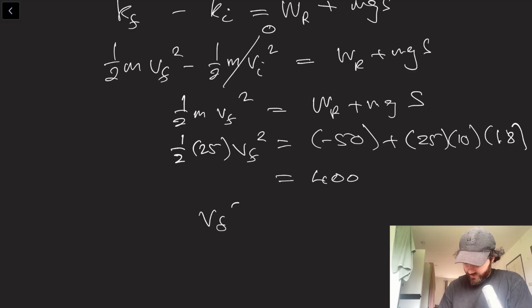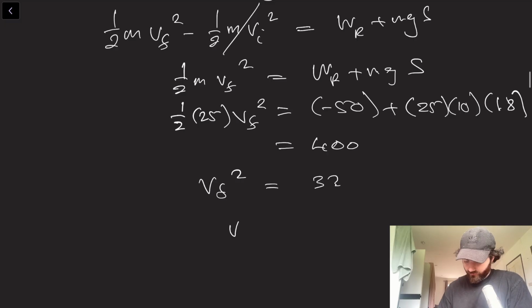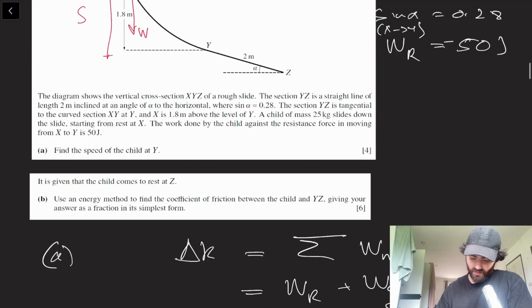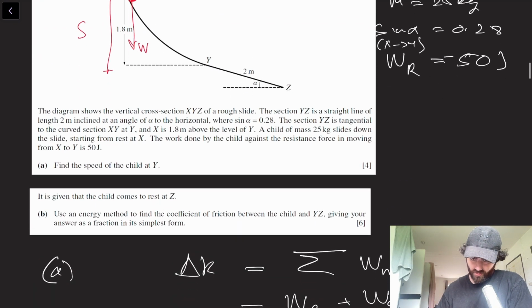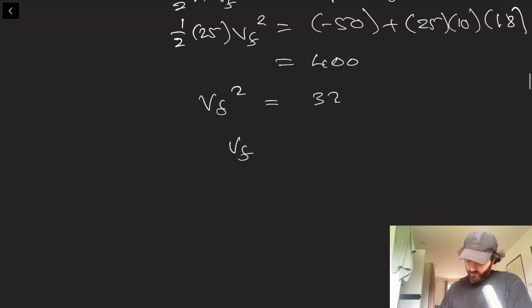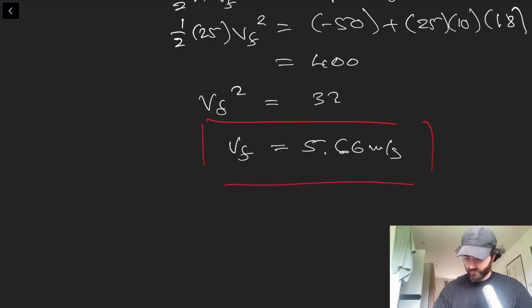So we get vf squared equals 32. So therefore the final speed, does it want it in exact form? What does it want? Three significant figures. So the square root of 32, I'll just round it, 5.66 meters per second.